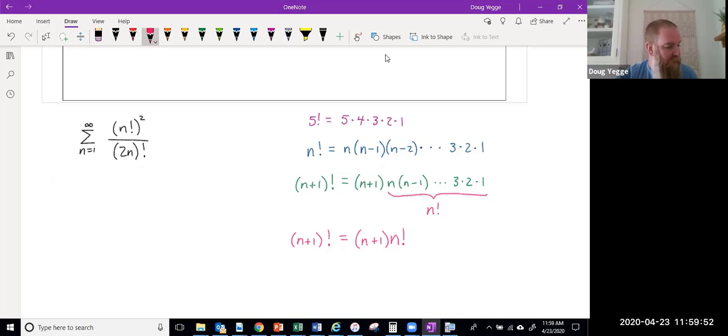Okay. All right, well, let's think about what to do then. So when I apply the ratio test, then I am taking the limit as n approaches infinity of the absolute value of a sub n plus 1 over a sub n.